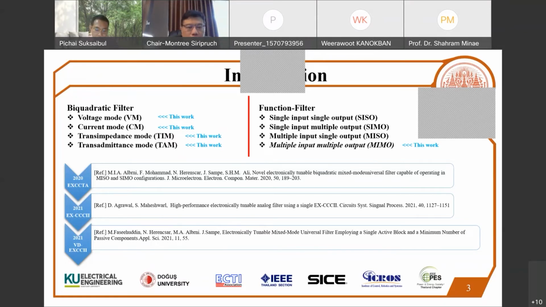From the literature, we see that circuits used 14 passive components and many required 2 passive component matching conditions. So we present the DDTA, or differential difference transconductance amplifier, to develop a mixed mode universal filter.